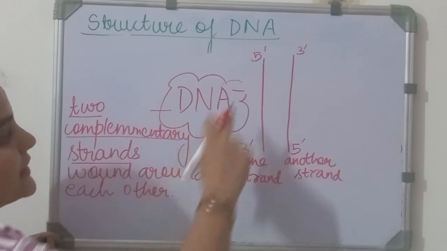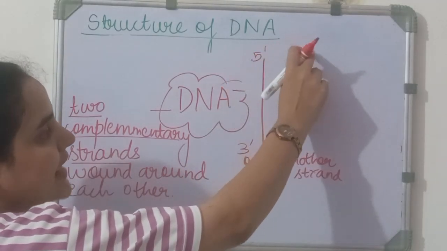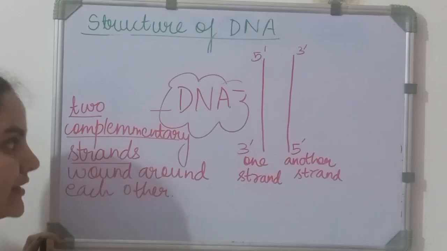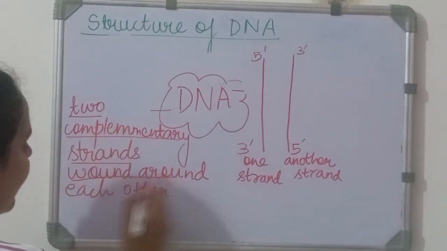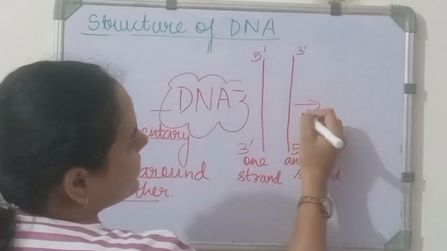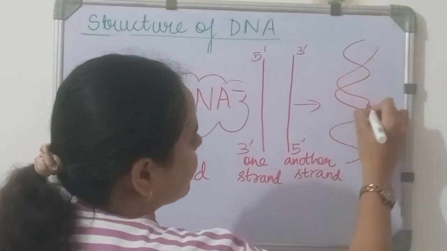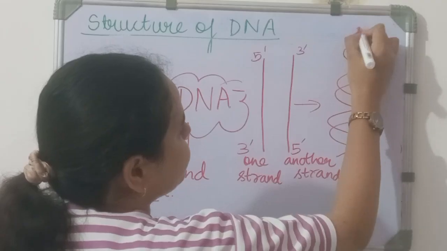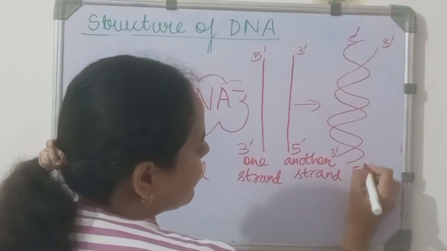Similarly, opposite to the 5 prime end we will always have the 3 prime end. So they are complementary, wound around each other like this: 5 dash, 3 dash, 3 dash and 5 dash.